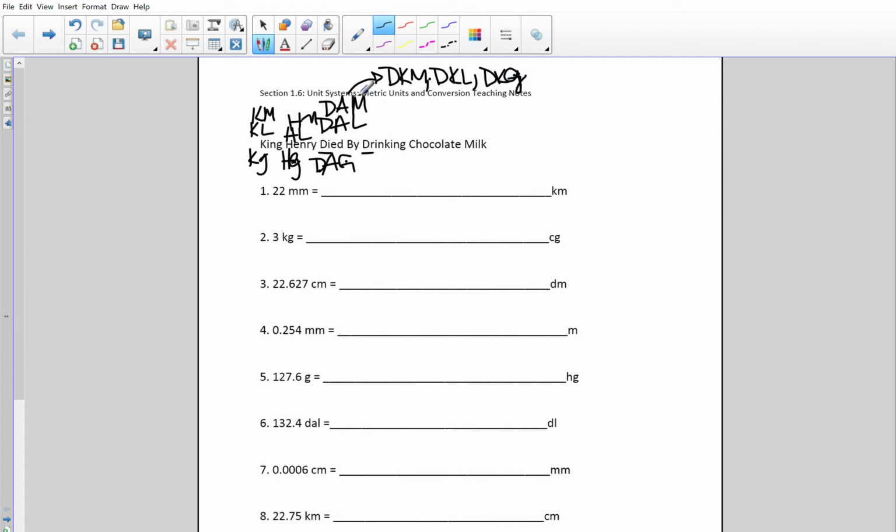So you're going to see this one has 3 letters. Your B is your base, so that's just your meters, your liters, and your grams. If it just has 1 letter, then it's in the B. The second one is your deci, so it's just the D: deciliters, decimeters, decigrams.